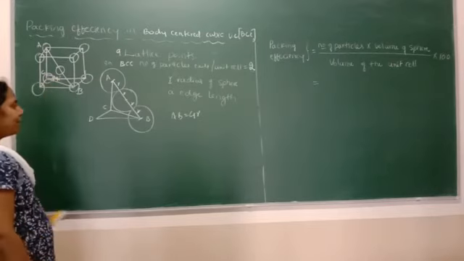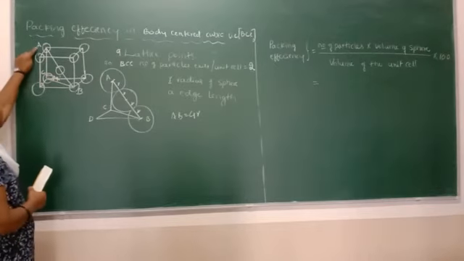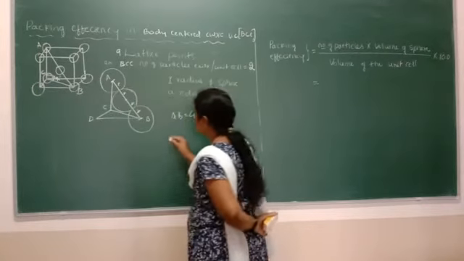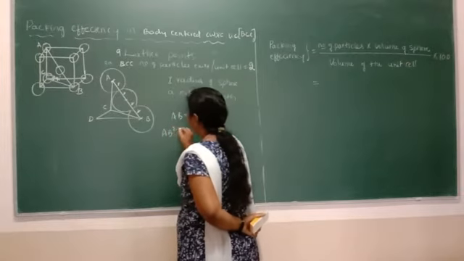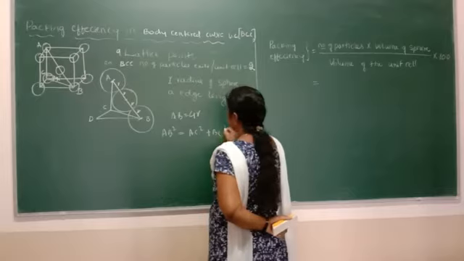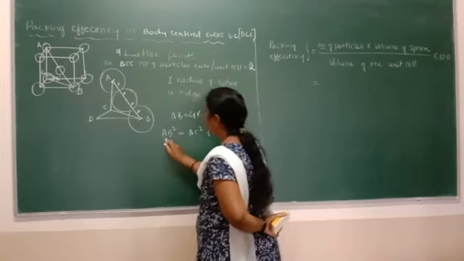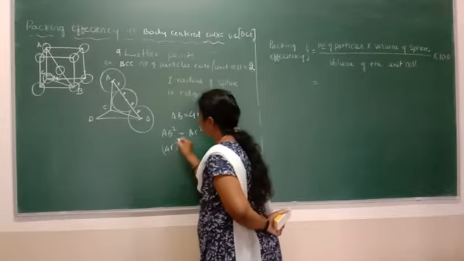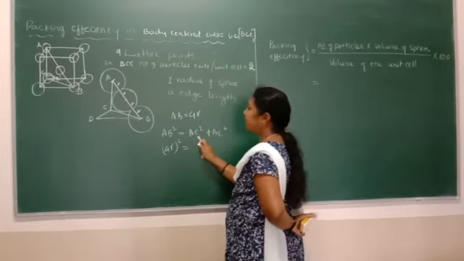So by using the triangle ACB, the Pythagoras theorem applies: AB square is equal to AC square plus BC square. We know the value of AB in terms of R, it is (4R) whole square. And what is the value of AC?